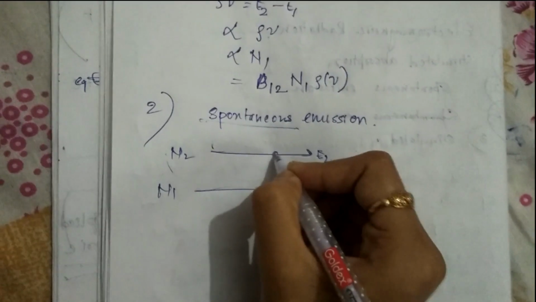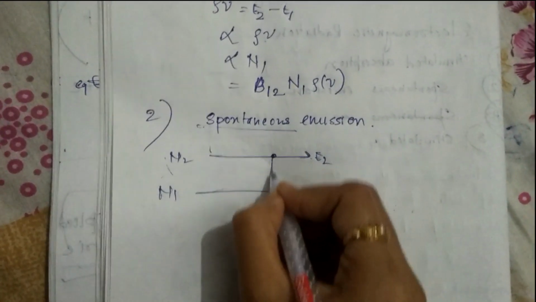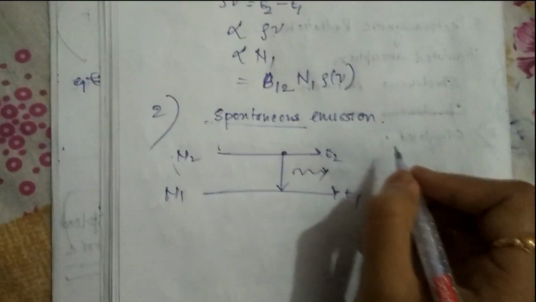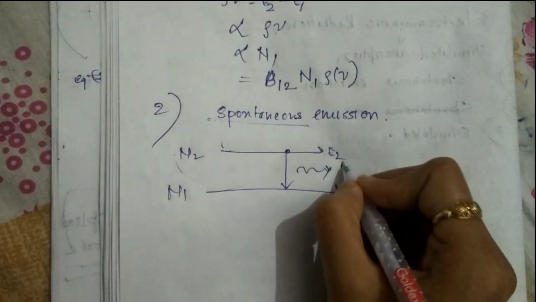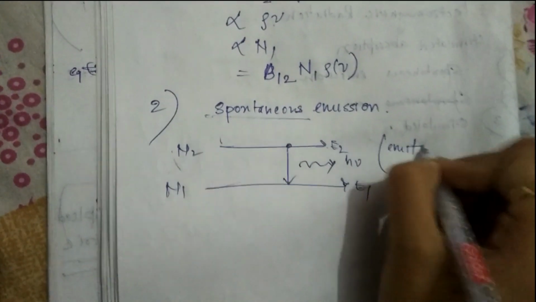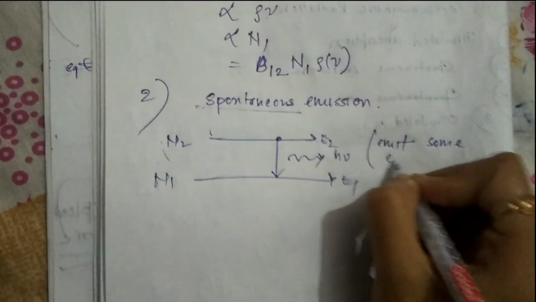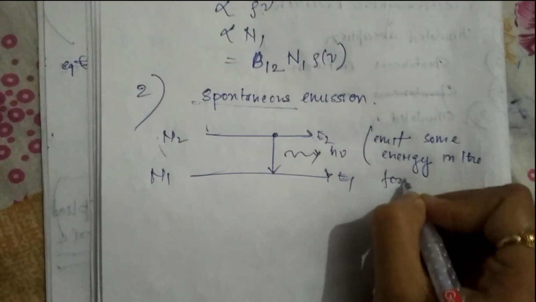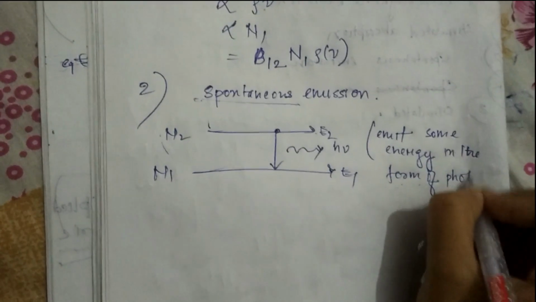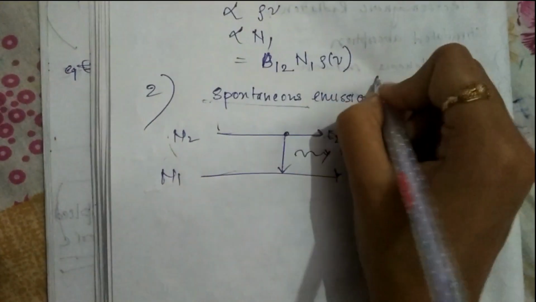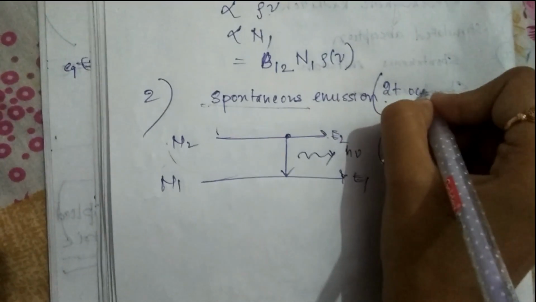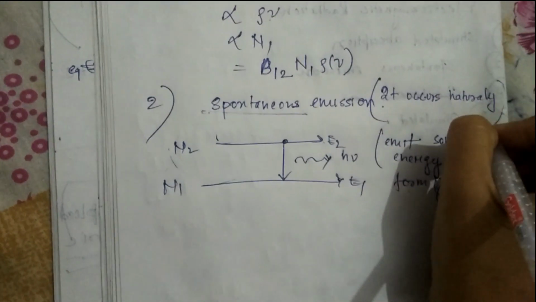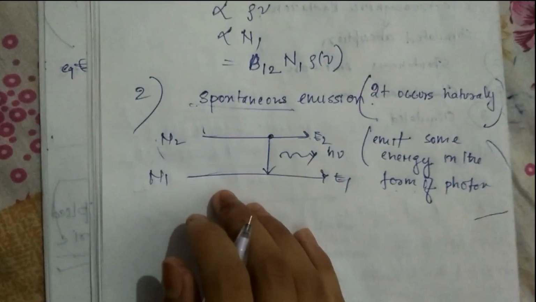The electron in the level E2 will transit to the level E1 and emit some energy in the form of a photon. So this is all about spontaneous emission, which occurs naturally.